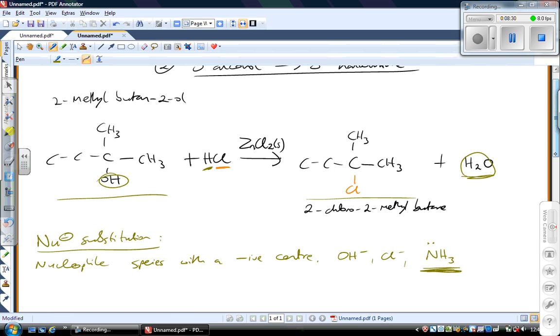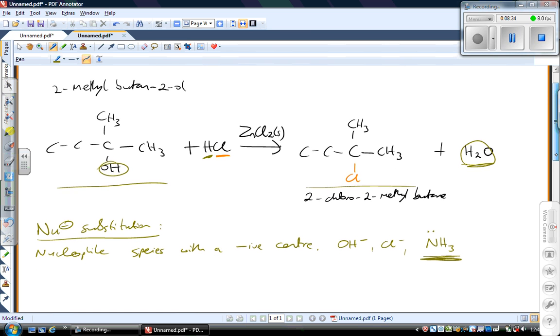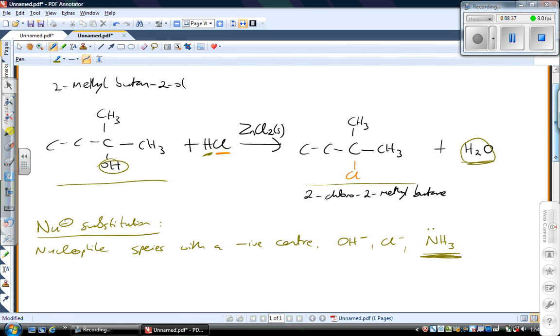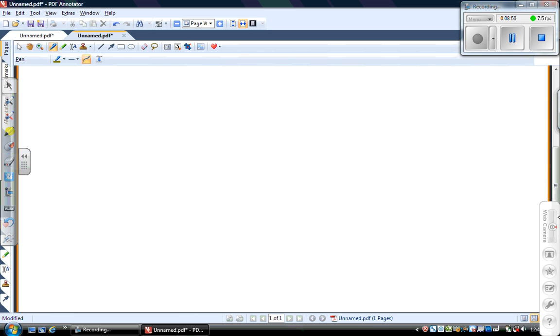Now that's the chemistry behind it. What the exam papers often do is they give you a full question around the experimental technique and how you perform this, and we did this in class this week. We did the whole experiment. So I'm going to talk you through it in brief, and then we're going to point out the science behind each of the steps. So I'm just going to put down the steps and then link the science to it. So let's go.